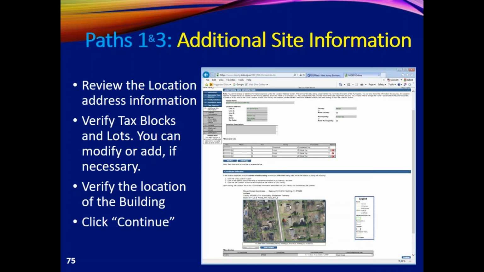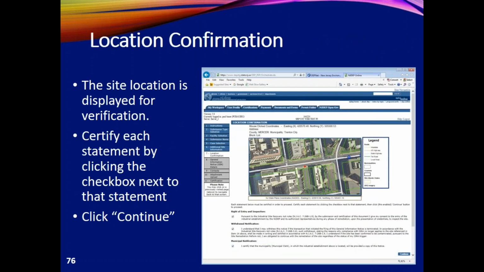So all the paths come up to the location confirmation page. This shows the facility again. Make sure that's the right place. It should be right on top of the building for the most part. And then you have to choose the check boxes for right of entry, withdraw notification, and municipal notification, and click continue.